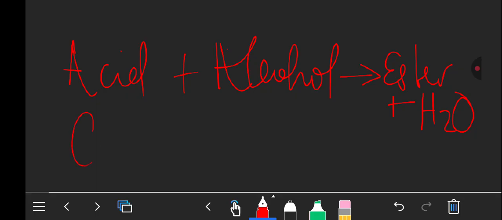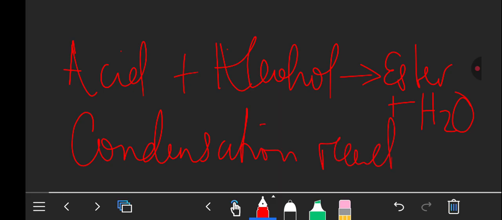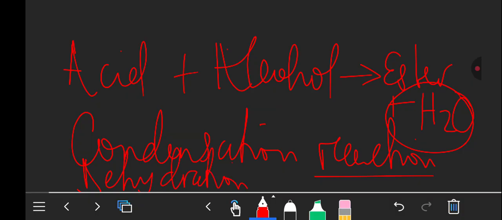This reaction is called a condensation reaction. It is called a condensation reaction because water is being produced. We can also categorize this reaction as a dehydration. Why? Because water is being removed.